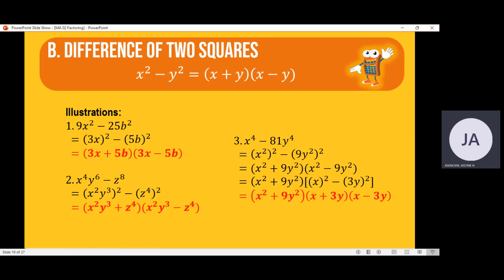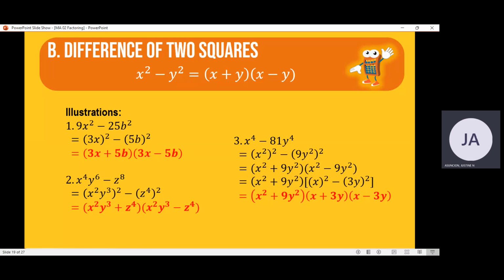Therefore, the factors of x raised to 4 minus 81y raised to 4 is the quantity x squared plus 9y squared times the quantity x plus 3y times the quantity x minus 3y. As you observe, we use the difference of two squares twice to simplify this polynomial.